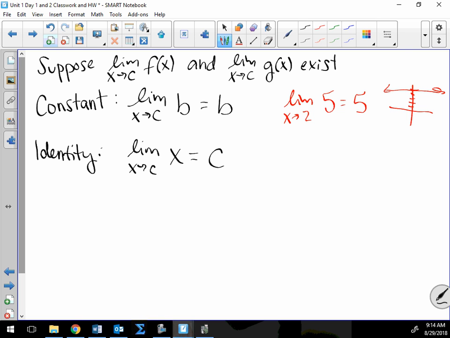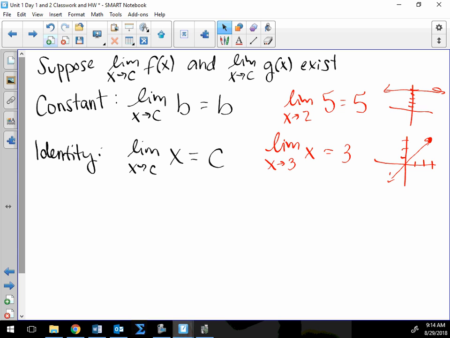And as you know, that graph, whatever your x value is, you have the same y value. So for example, the limit as x approaches 3 of x is 3. If we think of our graph, when x is 3, our y is 3. Again, pretty easy. Questions so far? We good? Does it look familiar? Bringing back good memories, hopefully.